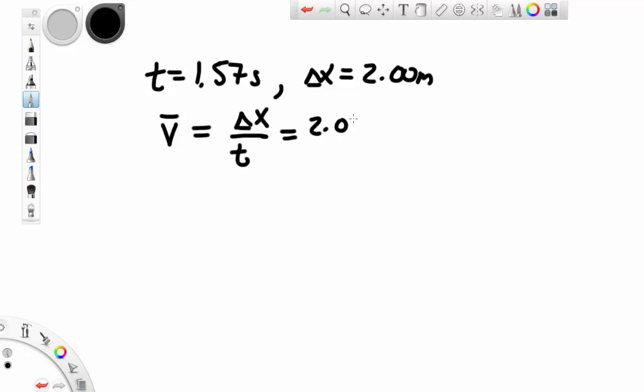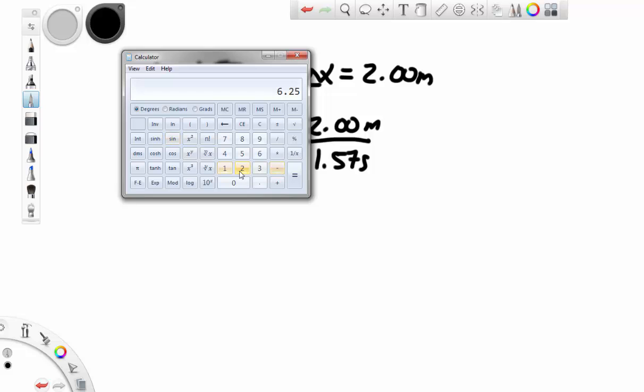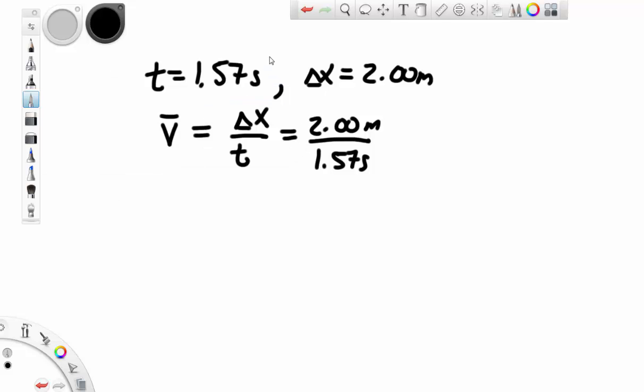So that's 2.00 meters divided by 1.57 seconds. So out comes our calculator again. It's 2 divided by 1.57. And so our average speed is 1.27 meters per second. So we write it is approximately 1.27 meters per second.